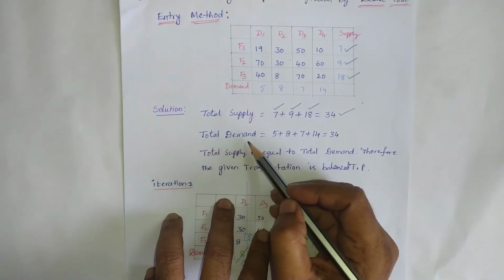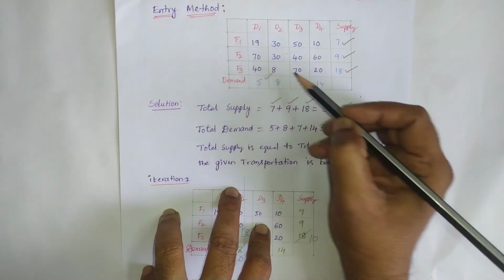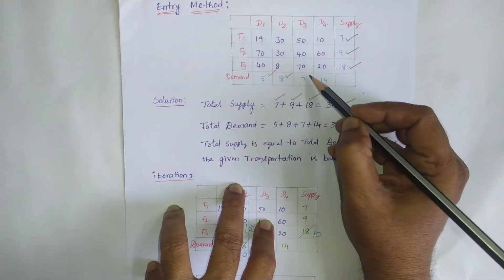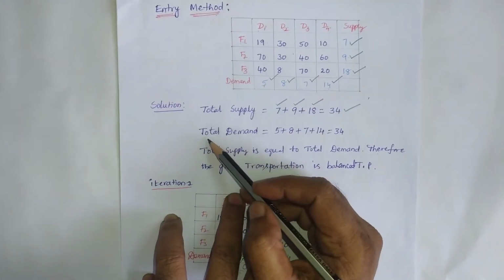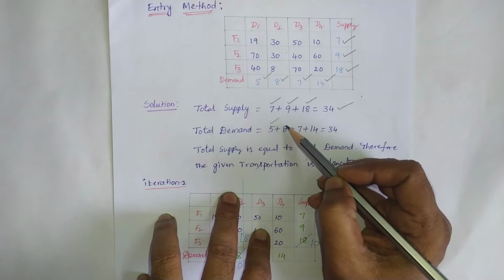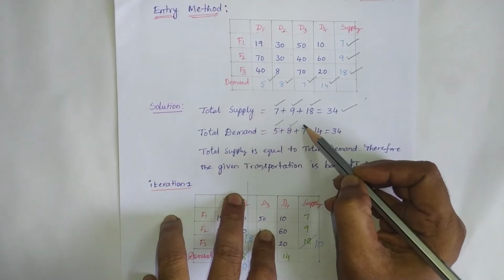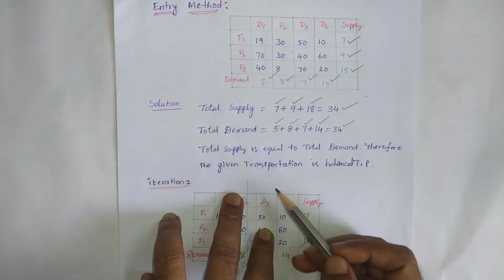And total demand equals 5 plus 8 plus 7 plus 14, which equals 34.